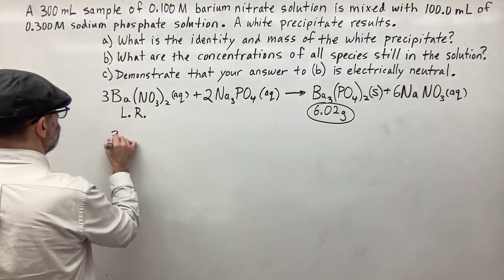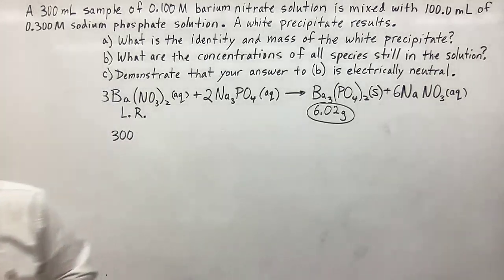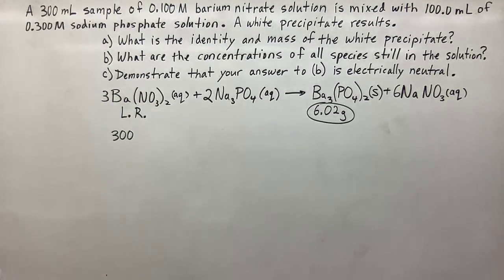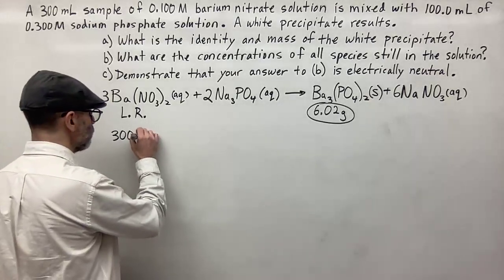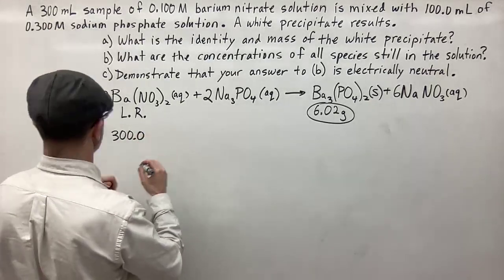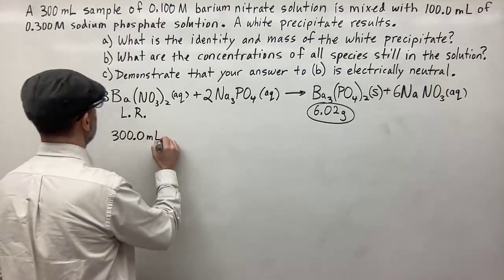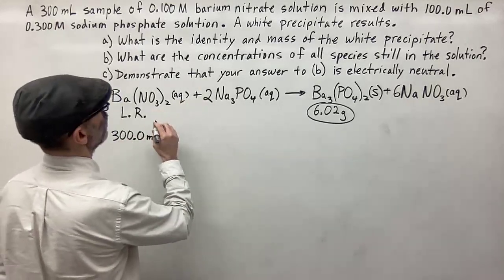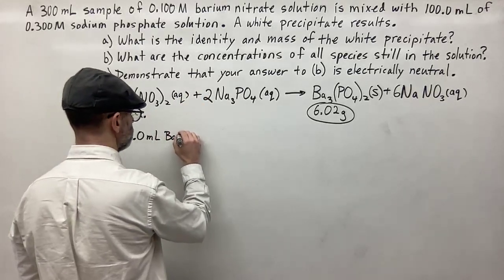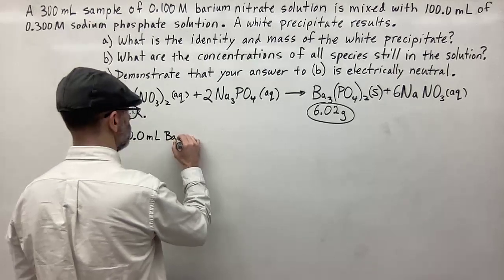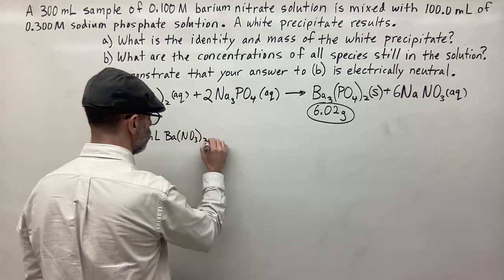So we'll start with 300 mL. Let me make sure I get this right. It's going to be 300.0 mL. I forgot the zero up there. So it'll be 300.0 mL of the barium nitrate, Ba(NO3)2.